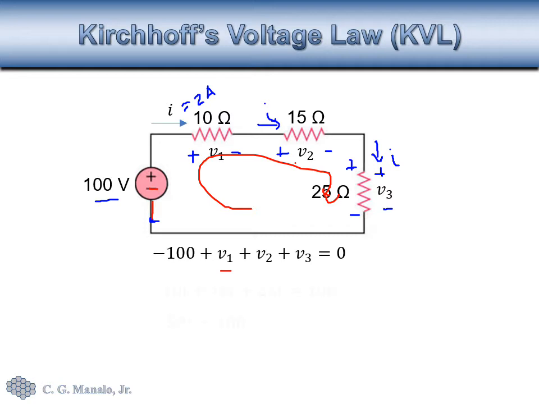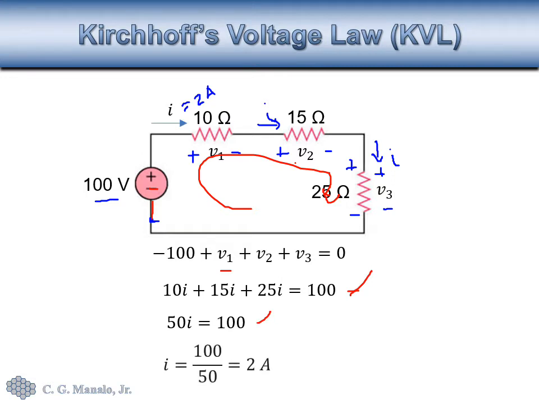So replace that, and transfer the negative 100 to the other side. So we get this one. Simplifying it, we get this one. And finally, we get the answer. So we get the same answer. It's just a bit longer, but this is a very simple example of how to use KVL.